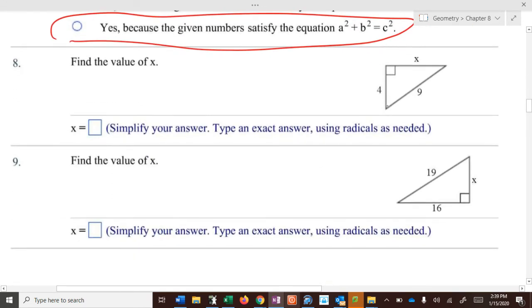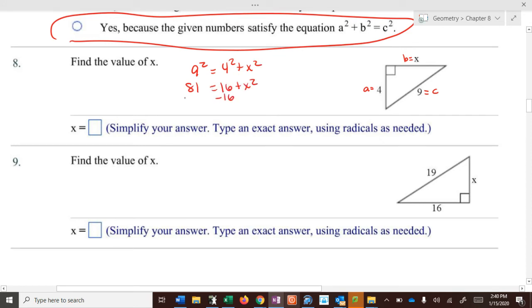All right. This problem, it's not going to be a Pythagorean triple. So then what we have to do is do the Pythagorean theorem. If they're not a Pythagorean triple, you got to actually do the Pythagorean theorem here. This is C, this is A, this is B. So 9 squared equals 4 squared plus x squared. 81 equals 16 plus x squared.